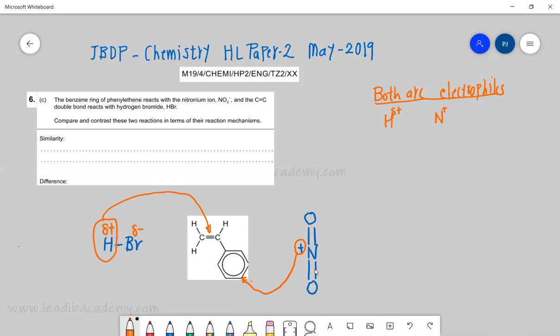So that is the similarity. Now in the case of HBr, it gets added across the double bond, so that is basically an addition reaction.